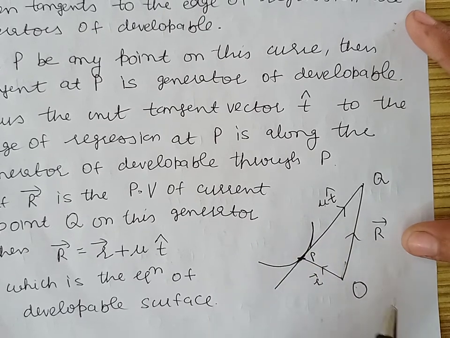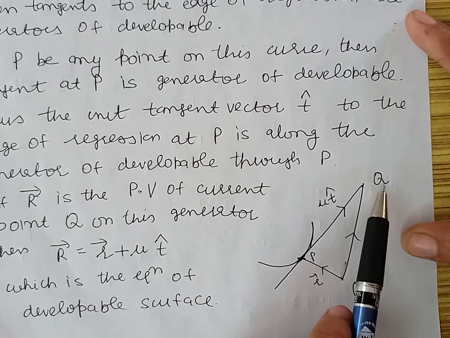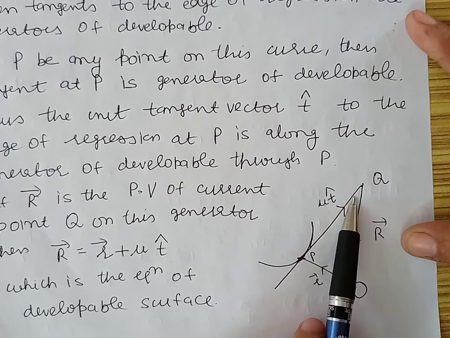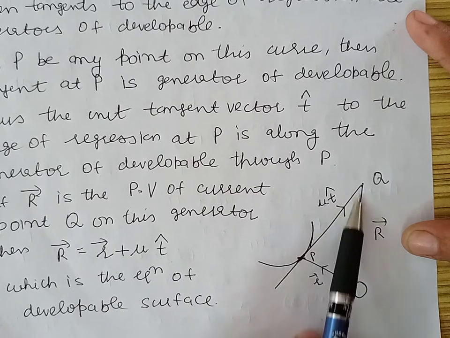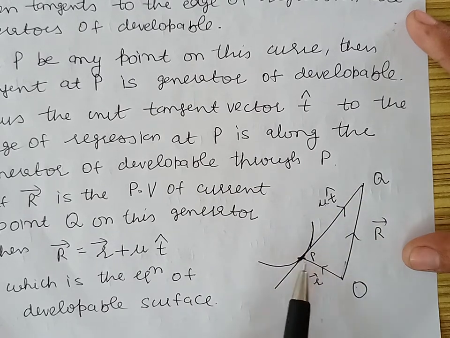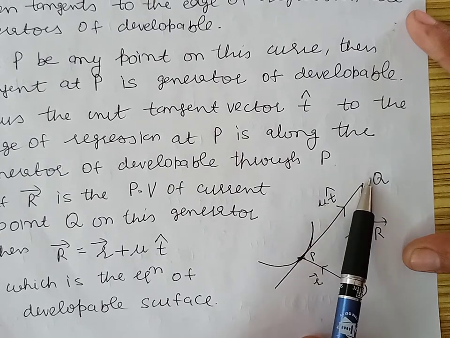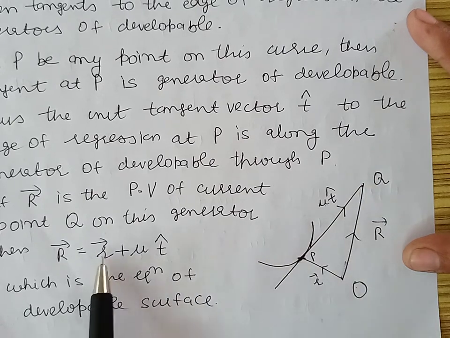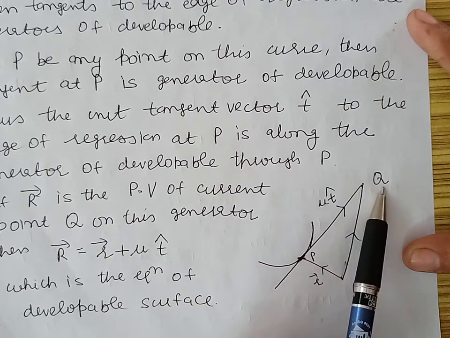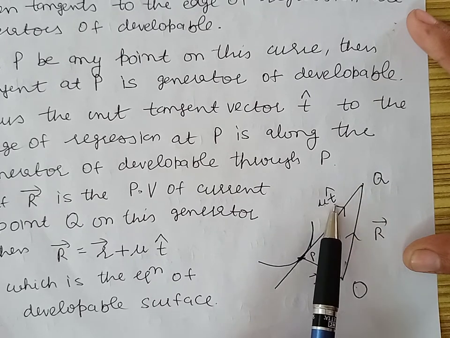So if we take vector R as the position vector of the current point Q on this generator, then by using the triangle law of vector addition, we can see that the vector OQ is given by the vector OP plus vector PQ. Now the vector OP is vector r, and vector PQ is along the direction of the unit tangent vector t cap.